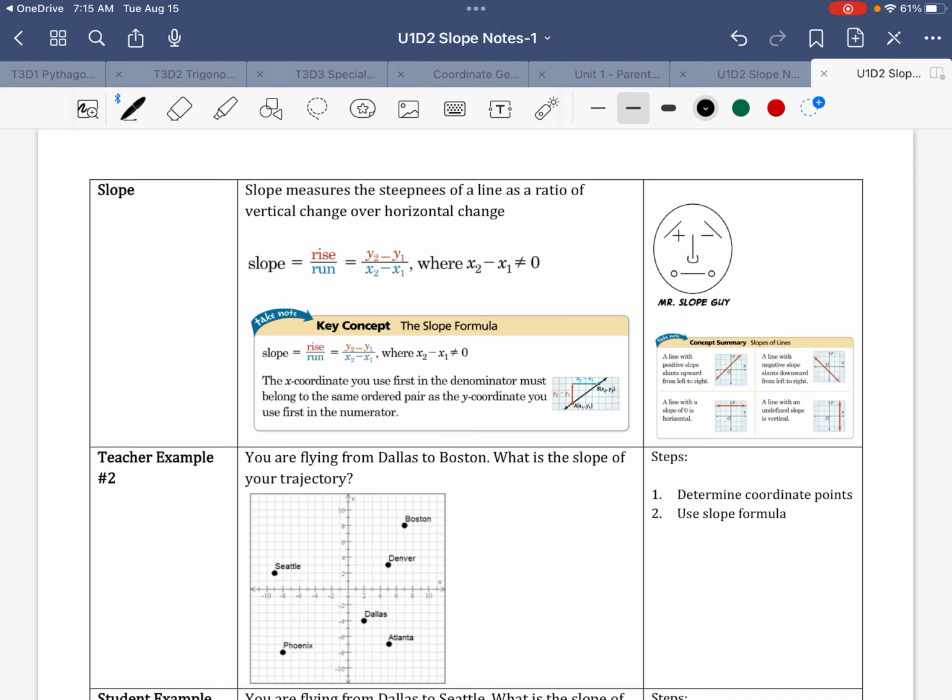Okay. Now the second topic we're going to touch on is slope. Slope measures the steepness of a line as a ratio of vertical change over horizontal change, right? And very often you might hear this phrase, rise over run. But I really want us to think about rise as your change in the y direction over the change in the x direction.